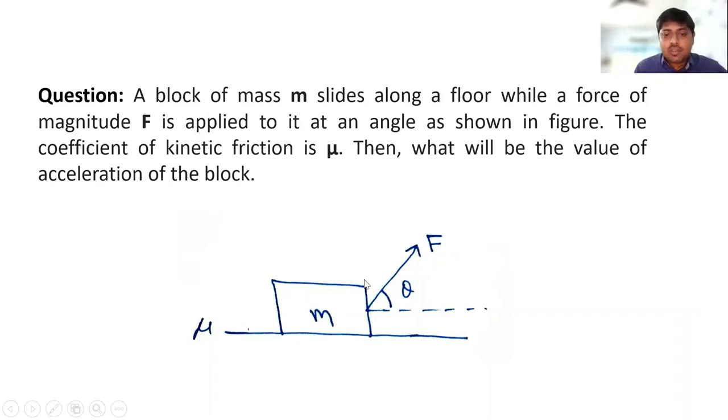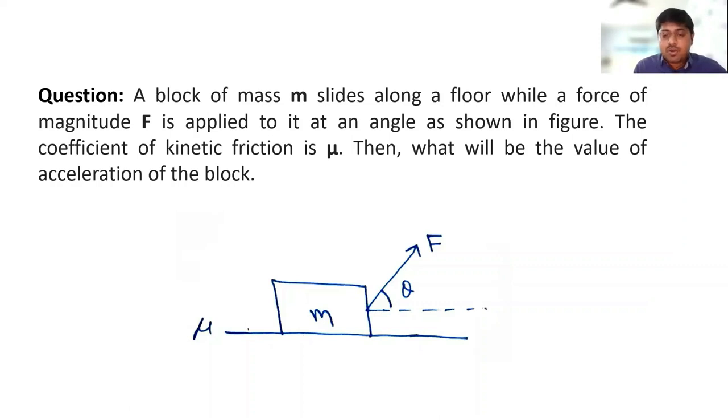So this is the body of mass m, and it is sitting on this surface where the coefficient of kinetic friction between the body and the surface is mu. We are applying here a force F on the body at an angle theta with this plane.